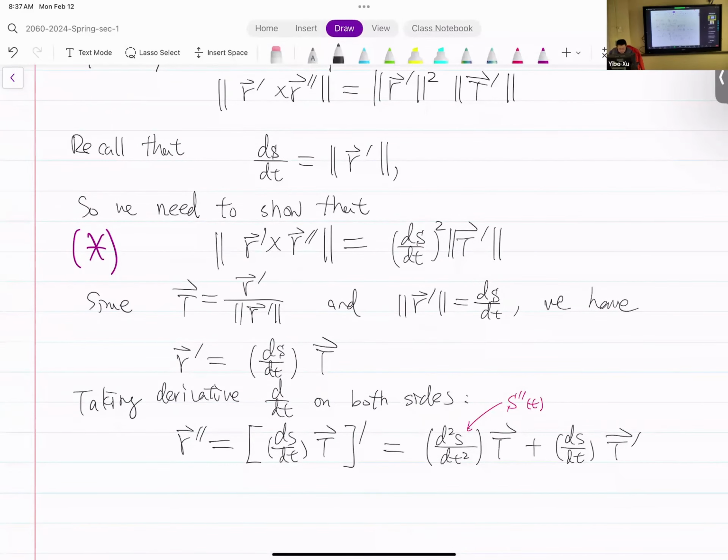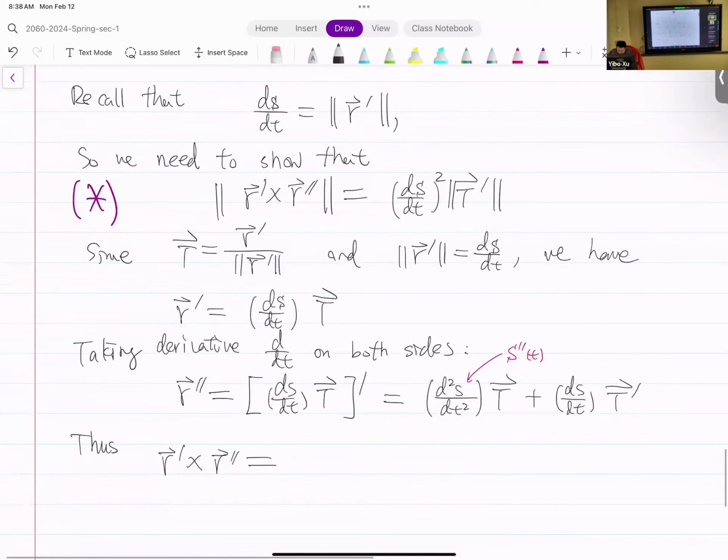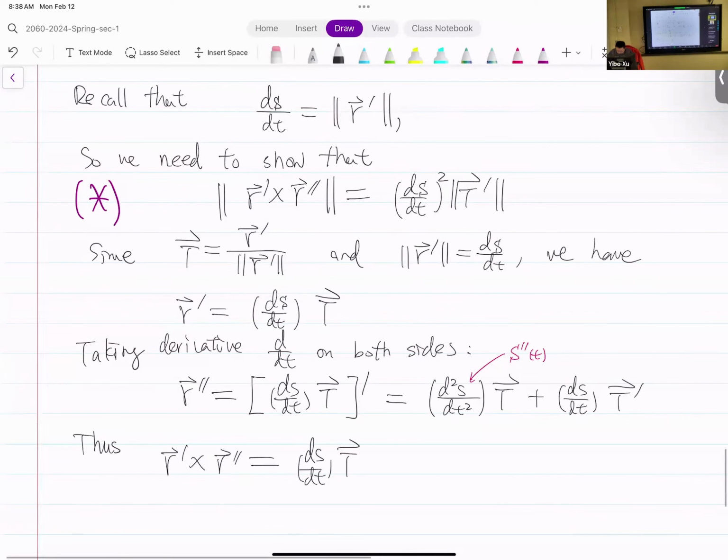All right. Now let's do the cross. So we have r prime, we have r double prime, and we see T prime. Okay, so we're getting there. Cross. So let's write out these vectors. So ds/dt times capital T, that's our r prime.